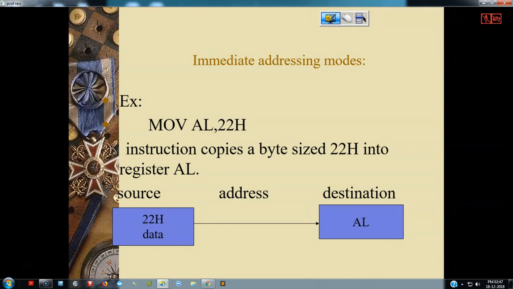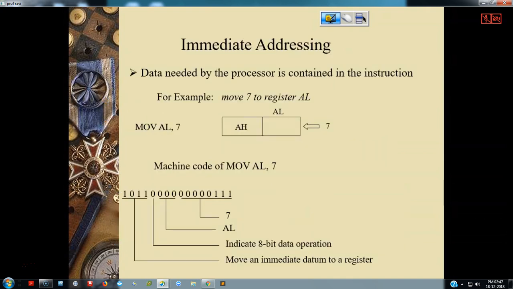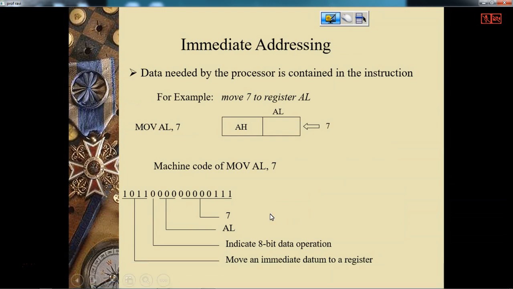The source is the data and the destination is an accumulator. If you take MOV AL, 7, the machine code for this is this. I'll discuss the instruction details a little later.